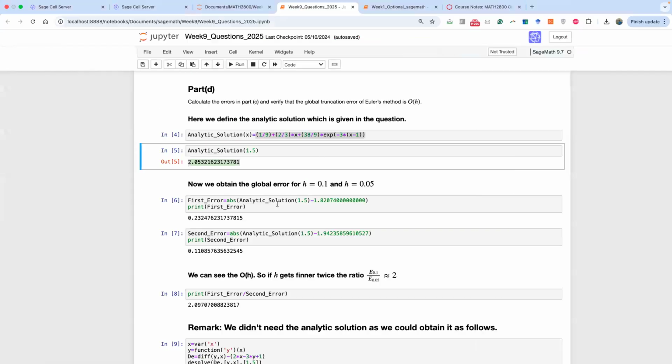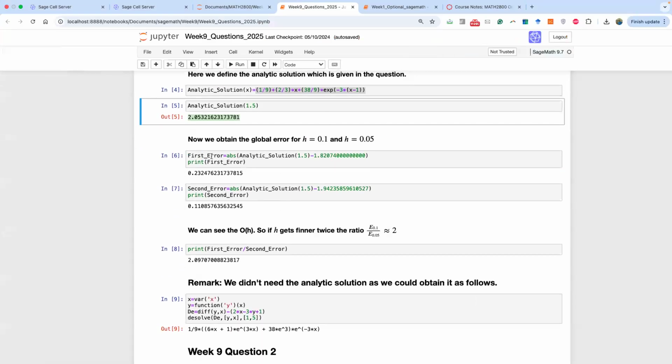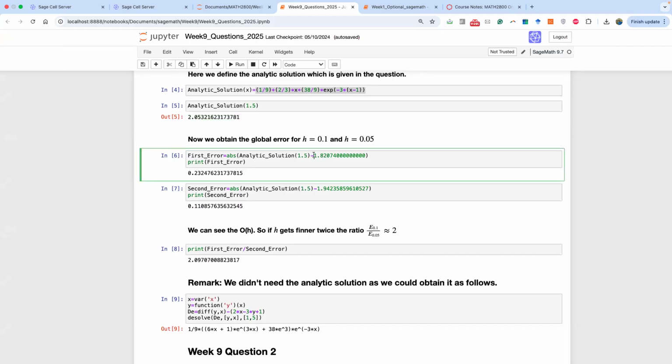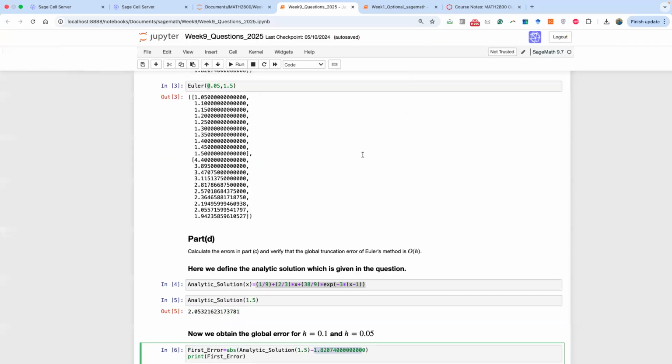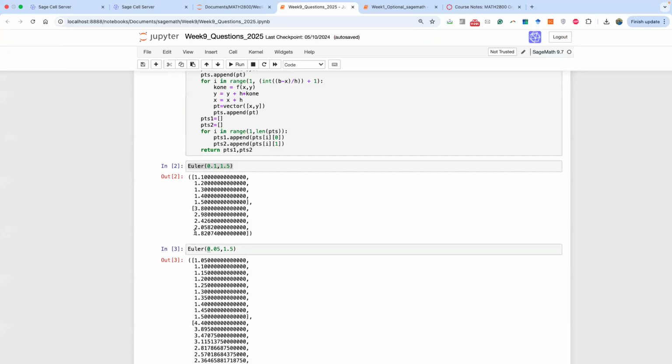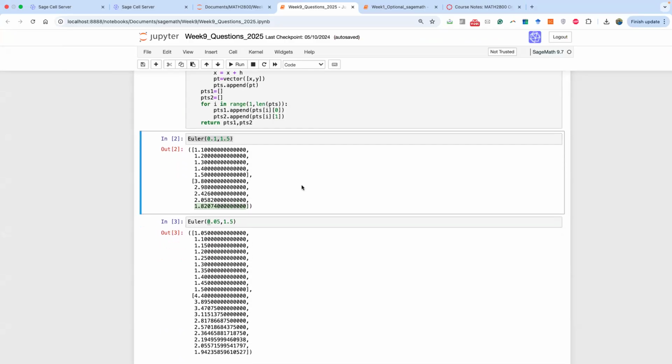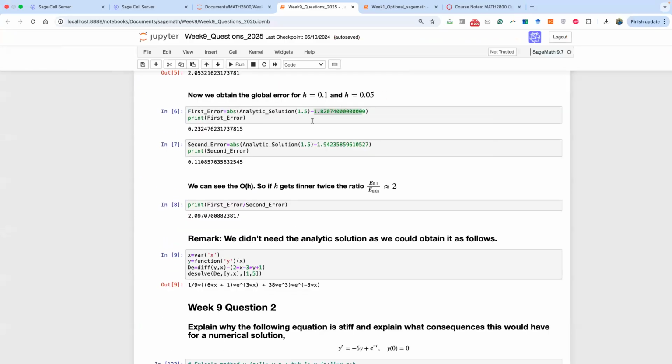All right. Now the first error, E(h1), is the absolute value of the analytic solution minus the numerical value. I just got this one from here, and I just copied that one. And the answer is this guy.